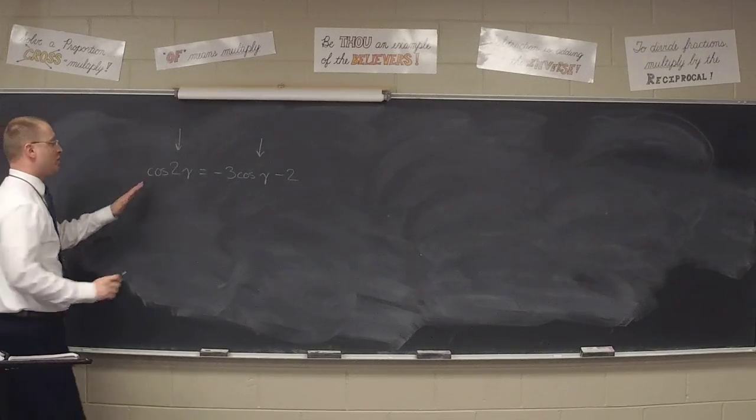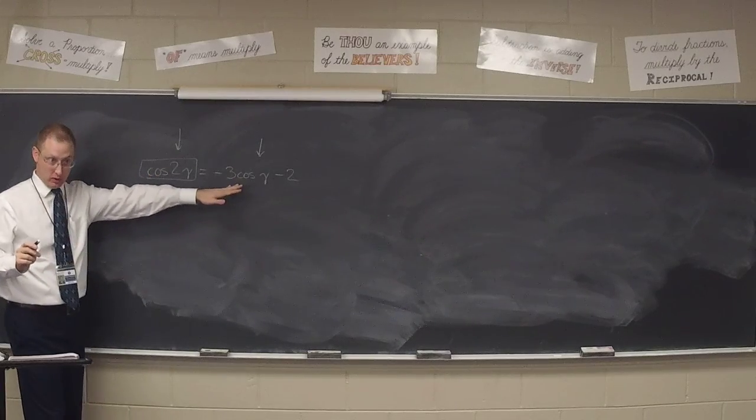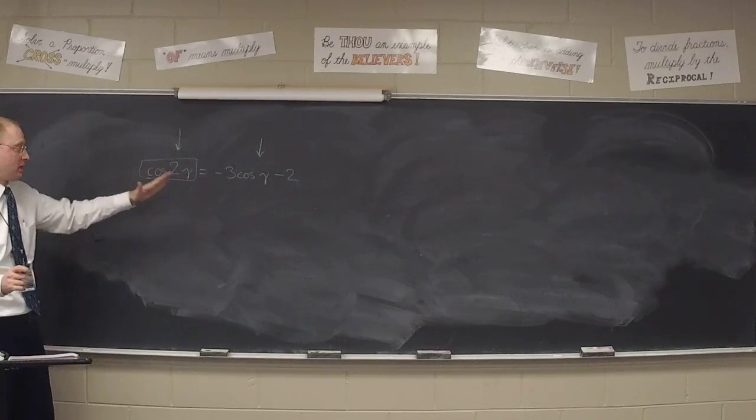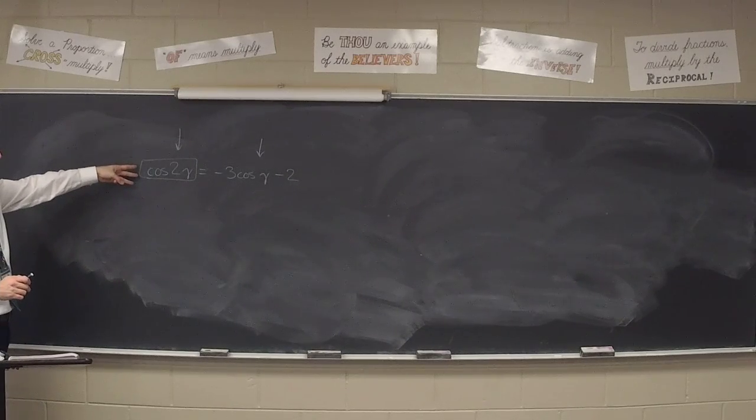So I've got to change this. I can't keep a double angle where there's also a single angle. They don't coexist, okay? So there are 3 ways I could change out cosine 2 gamma.